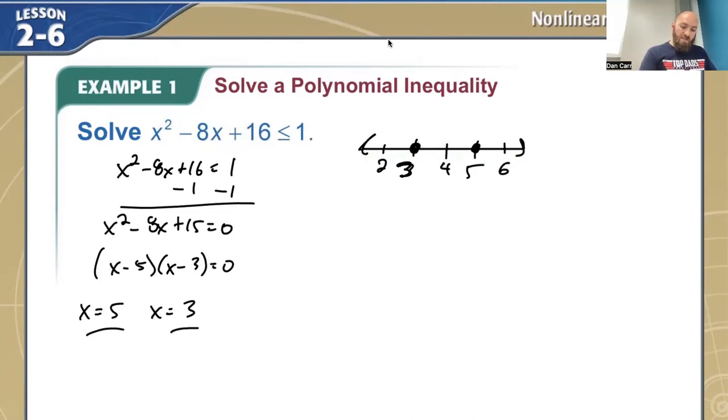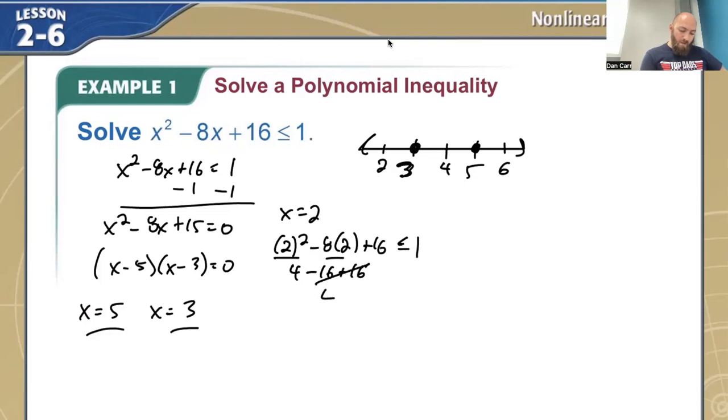What I'm checking is, does it come out to a true statement or not? If I do x equals 2, we have 2 squared minus 8 times 2 plus 16. Is that less than or equal to 1? We got 4 minus 16 plus 16, which actually cancel out. So is 4 less than or equal to 1?